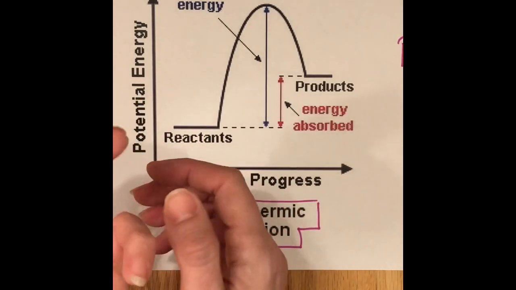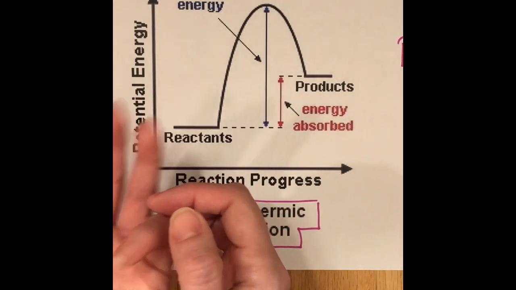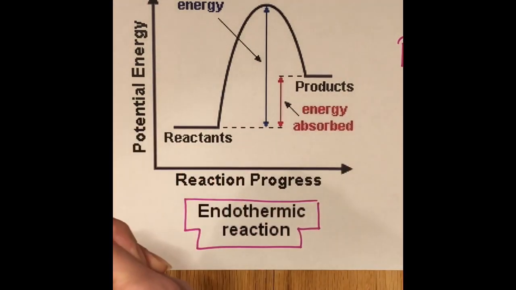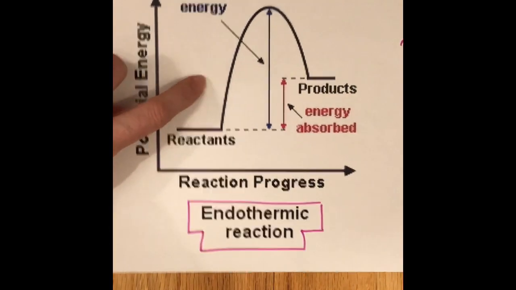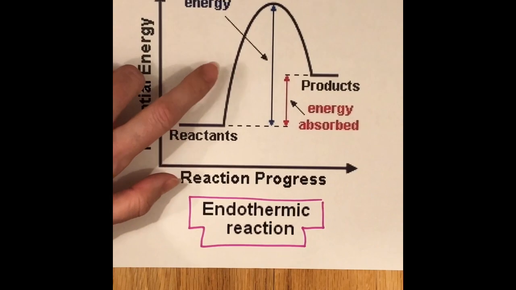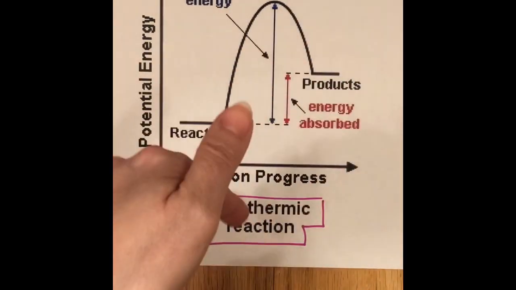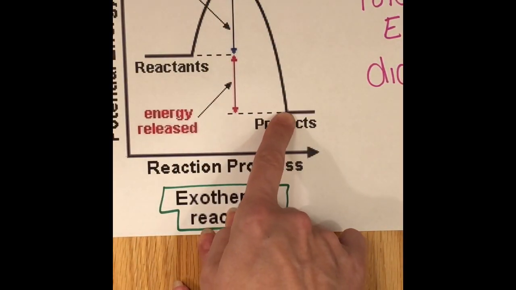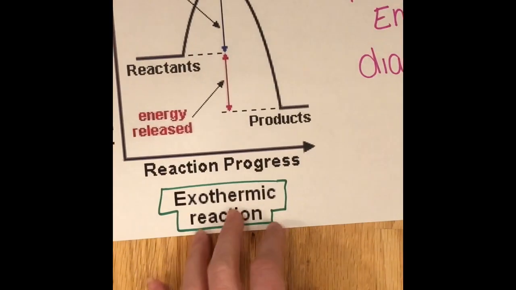So you always have an amount of energy that you absorb and an amount you release, but the question is, which one do you have more of? If you use more energy to start, it means you're absorbing more energy than you release, you're endothermic. Versus if you release more energy than you needed to start, then you're exothermic, okay? These are important graphs to know.